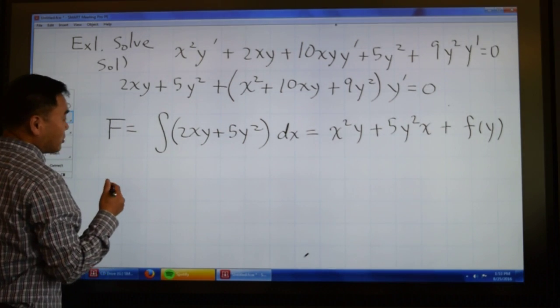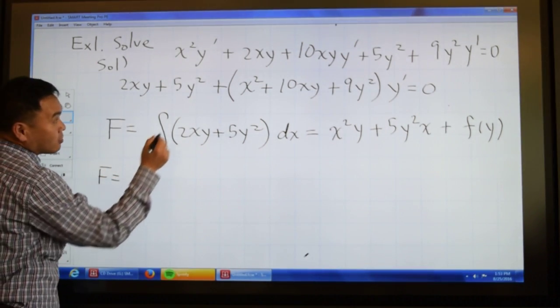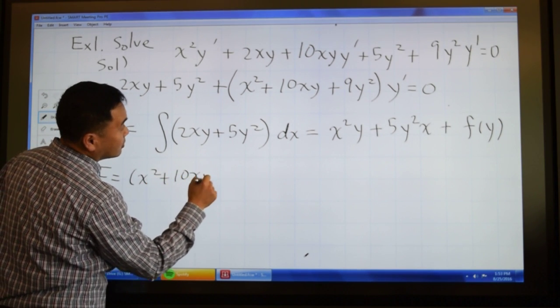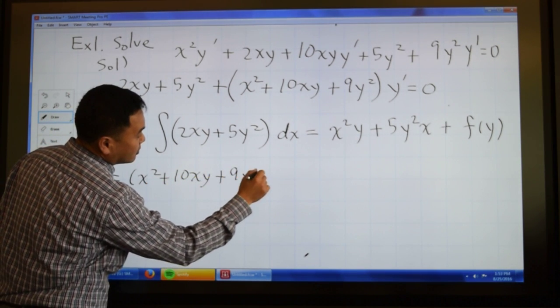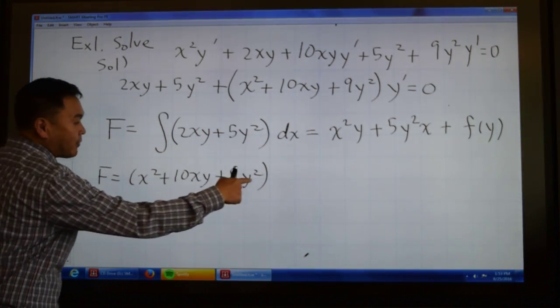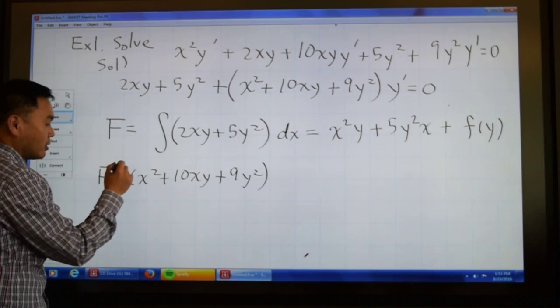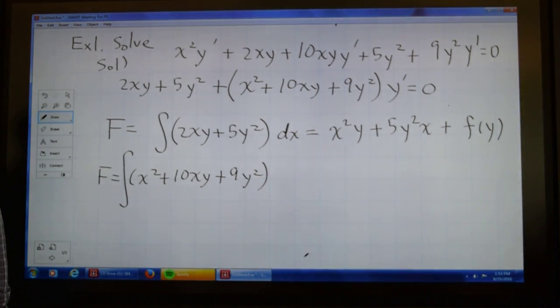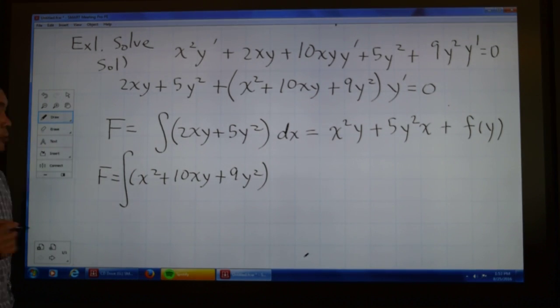Now let's look at another view of f. For this second one, this is f partial with respect to y. So in order to recover your f, what should you do? Integrate by y.